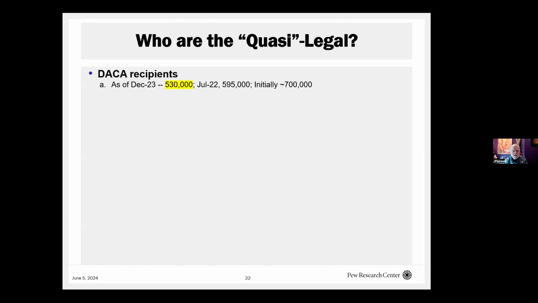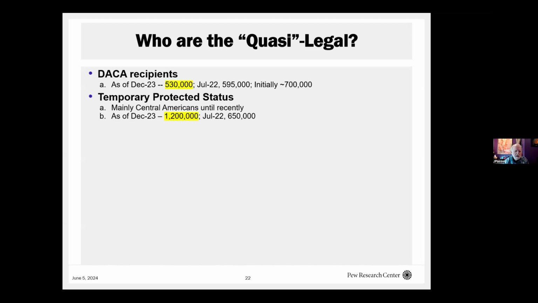They're now in this quasi-legal status. Initially, there were about 700,000 of these. As of the end of 23, there were a little over 500,000. So I'm focusing on two dates. The July 22 date is the most recent estimates we have, and December 23 is the most current data.